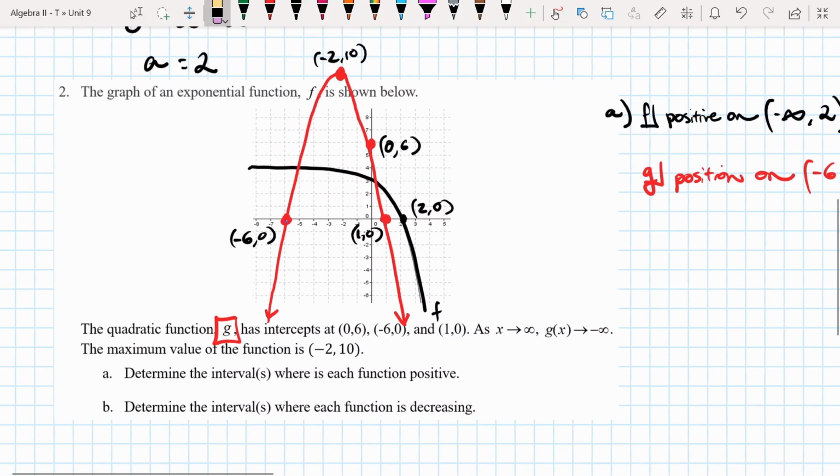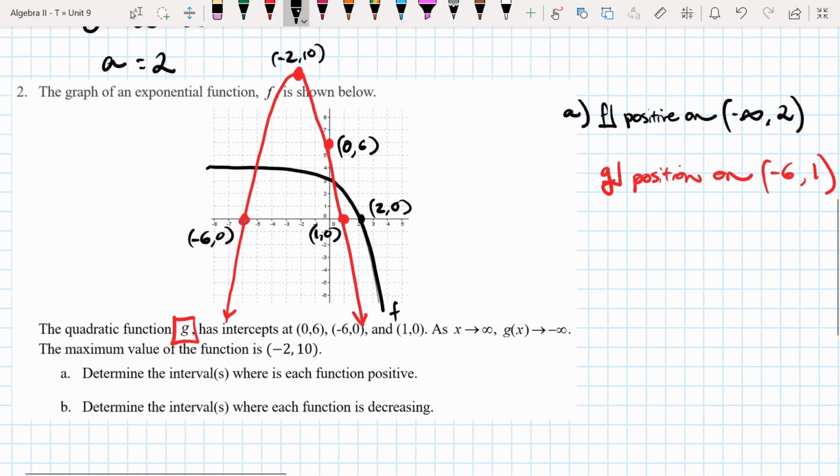Okay, and then let's wrap up this video by determining where each function is decreasing. So that's where it's going down from left to right. So notice how f of x starts up here and then it just levels down this way. As we go to the left, it will level off.